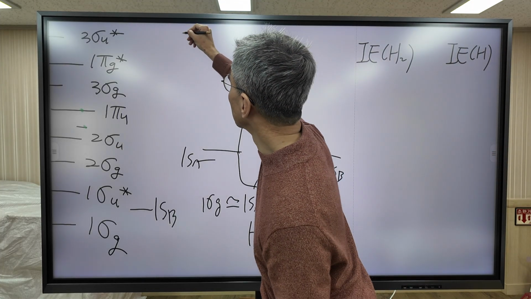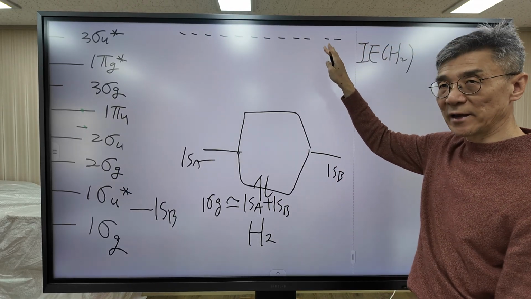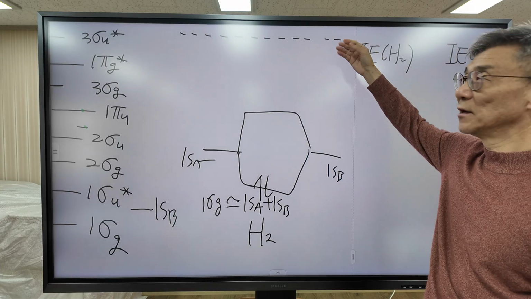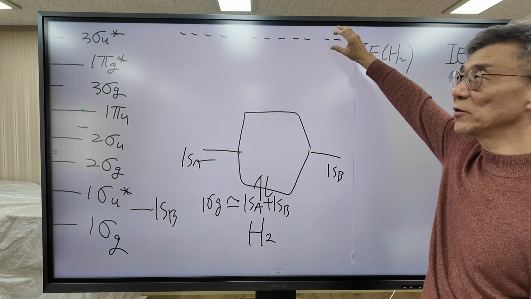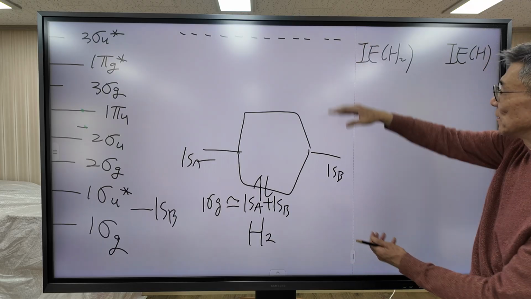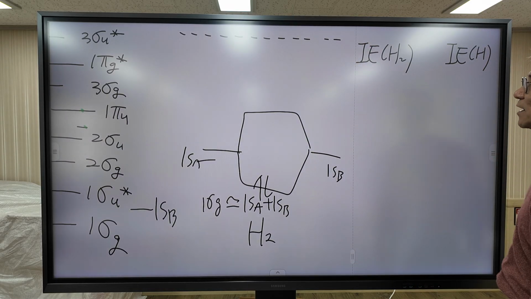This is the vacuum state, which refers to the state in which electrons are removed from the nucleus. With this energy level diagram, I can compare the two ionization energies.